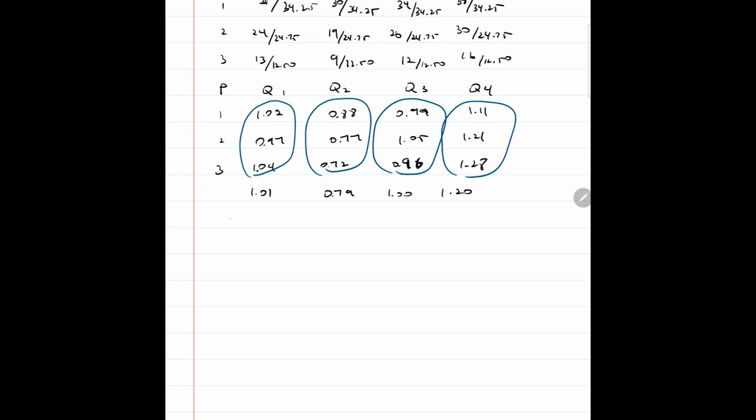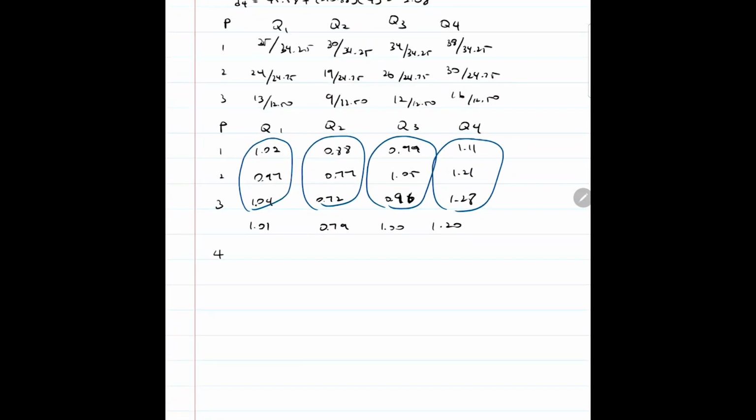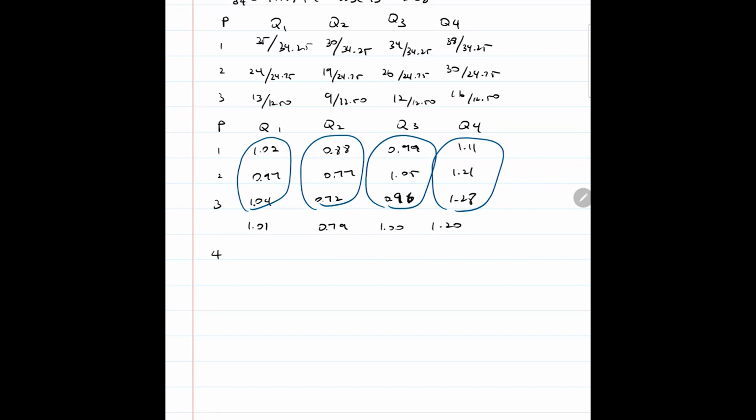So we can say that on year 4, expected demand as times 1.04, 79.